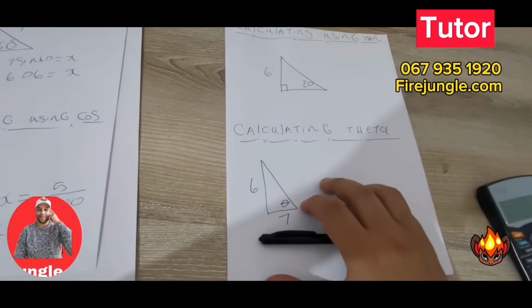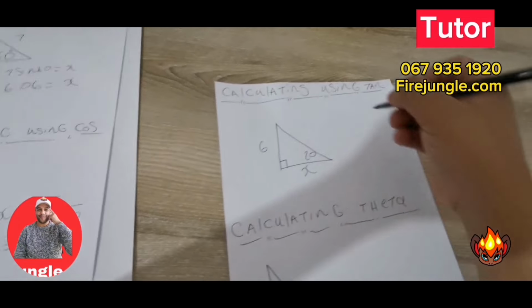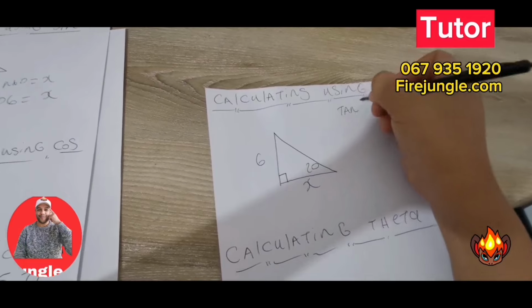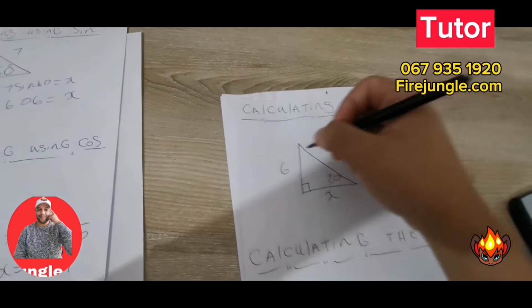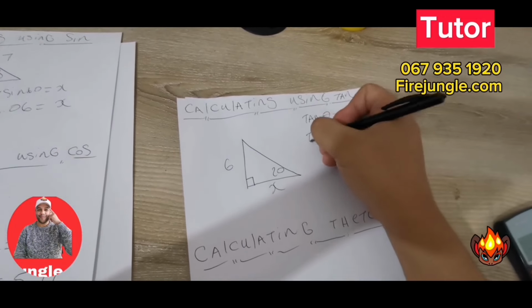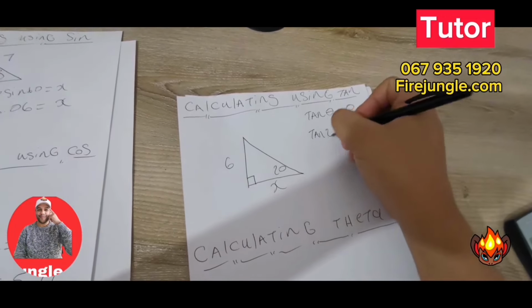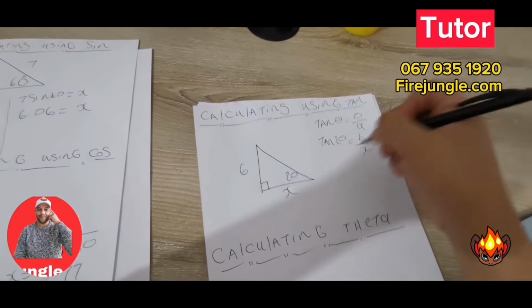Let's calculate values using tan, and let's say we would like to calculate this value x. Tan theta is equal to opposite over adjacent. So let's rewrite that. Tan 20 is equal to 6 over x.